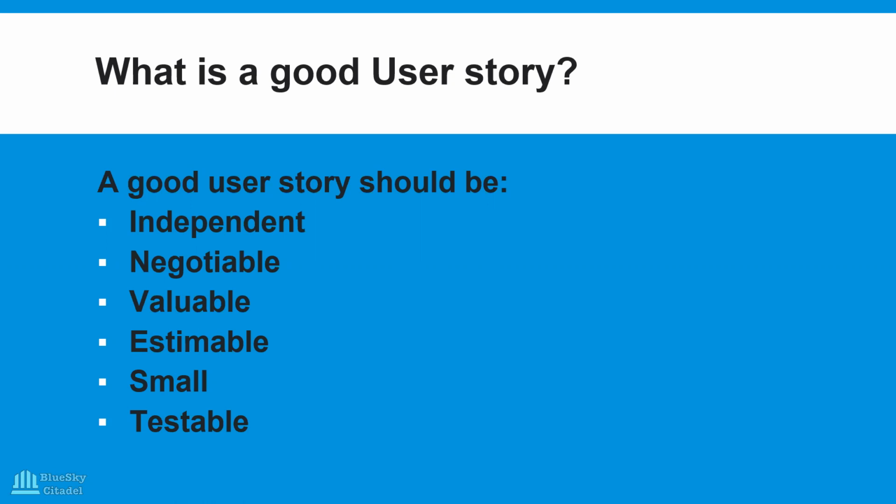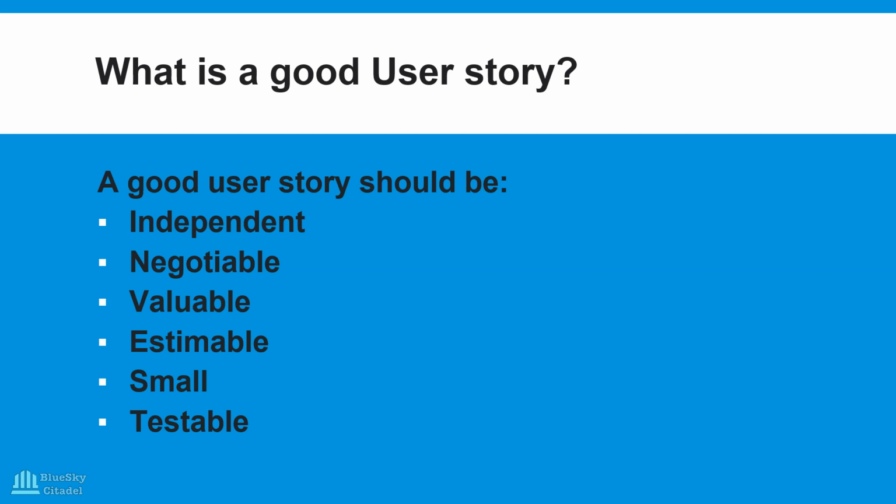So when thinking of independence, you don't want to put a story first, for example. Like, you don't want to put the cart before the horse. The horse is usually before the cart, right? It should be a standalone story, not dependent on another story before it can be worked on.